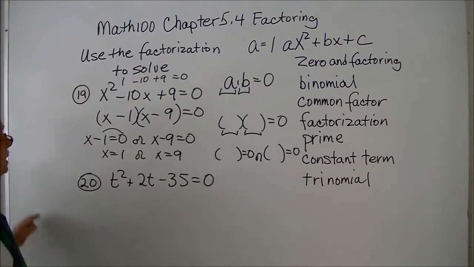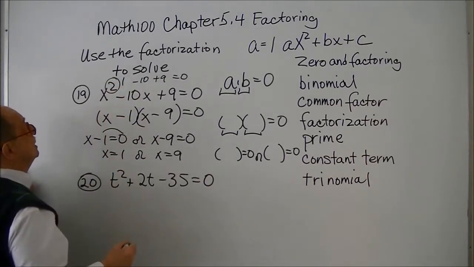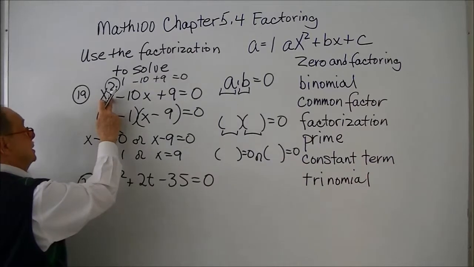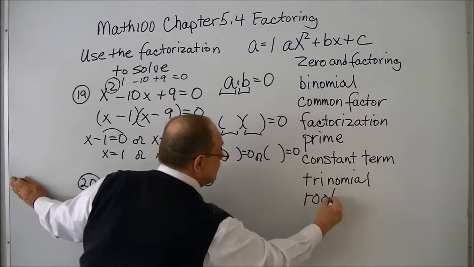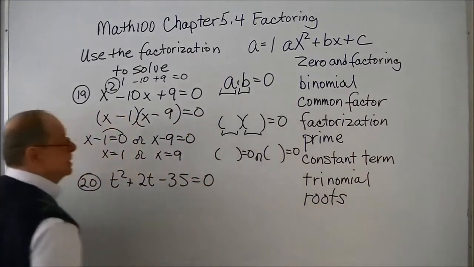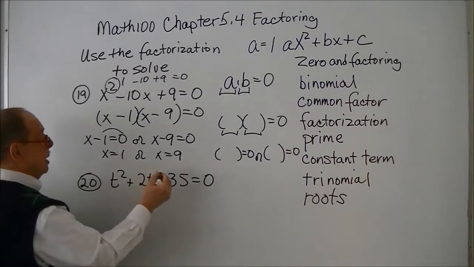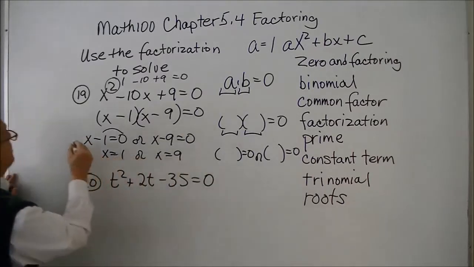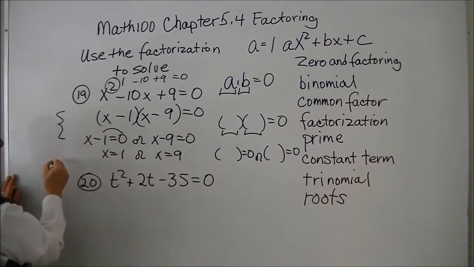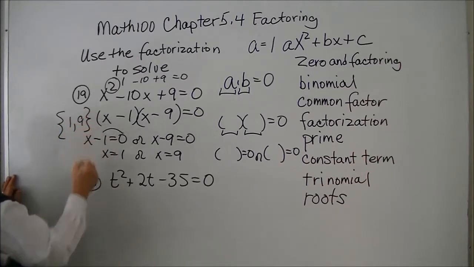And if you put the 9 in there, I'm not going to take the time now, but that would equal 0 as well. So in any equation in which the degree of the equation is 2, you're going to have 2 roots, which we said was a synonym for a solution. And here, our answer would usually be put in parentheses or brackets. It would say our answers are 1, 9.